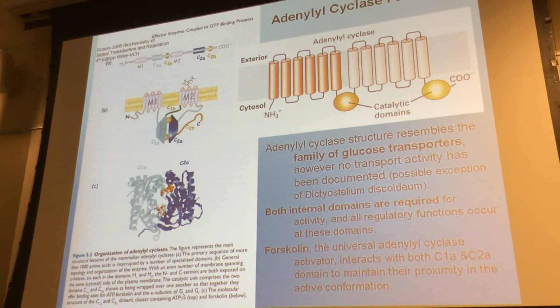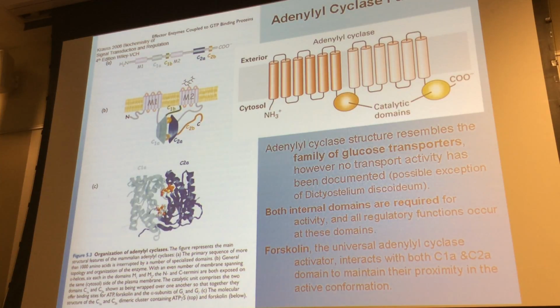And that's exactly what they did, and this is what they ended up with, the two catalytic domains. One is shown in gray, the other one is shown in blue here, and these are now interacting with each other. And that's how they could get the crystal structure to be able to tell us how this was working.